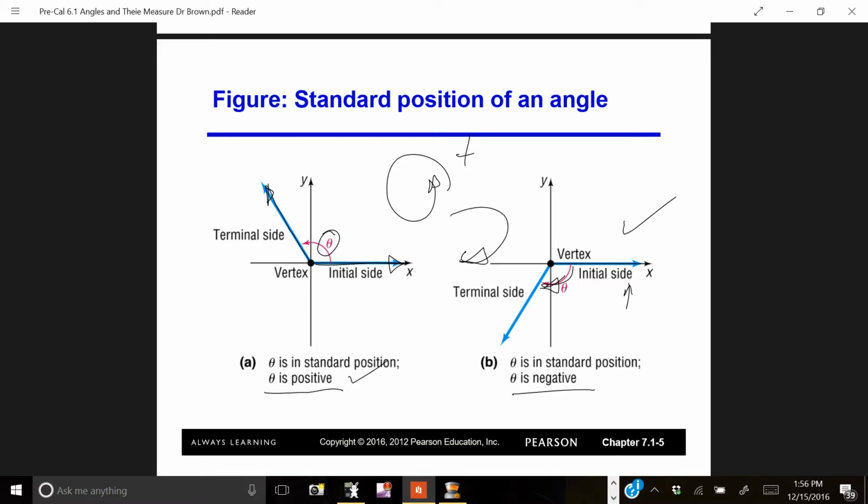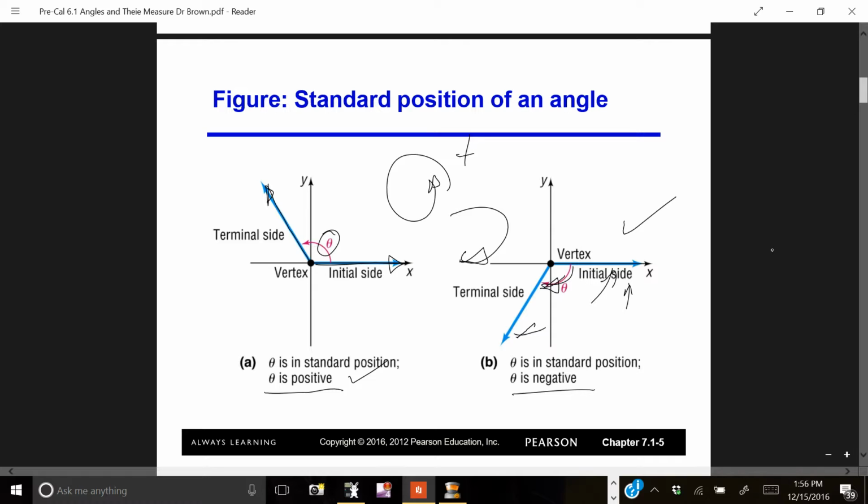So for instance, this angle would be 90 degrees plus about 30 degrees, about 120 degrees, and it would be negative 120 degrees. This angle here, which is a positive angle, would be about 90 plus 30, about 120 positive degrees.